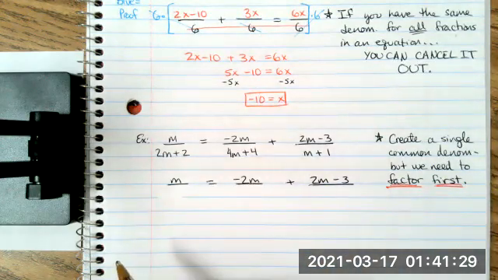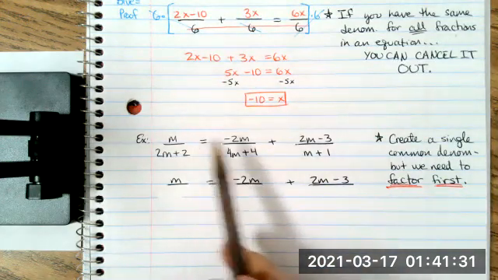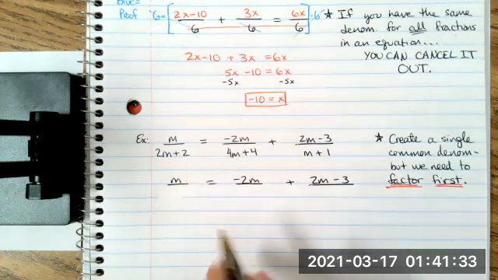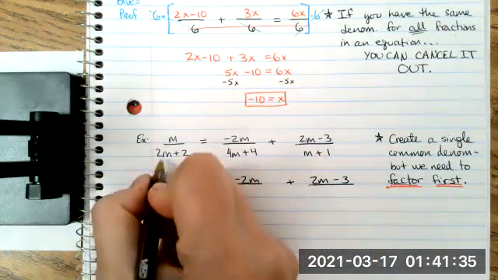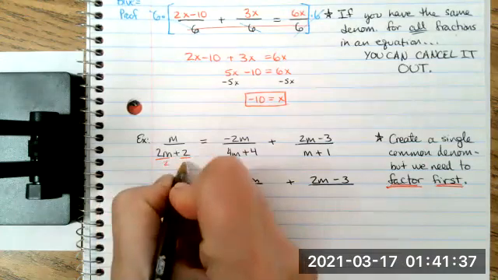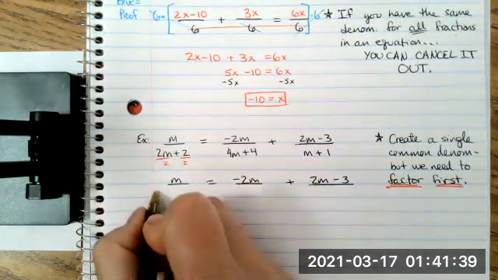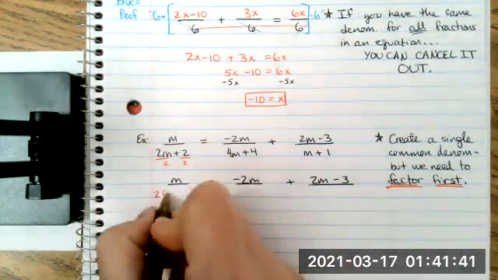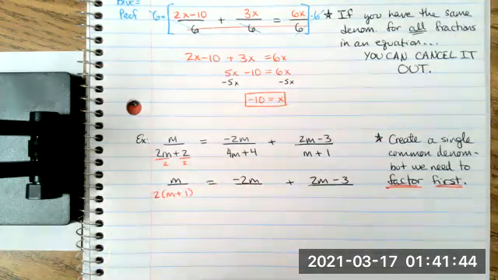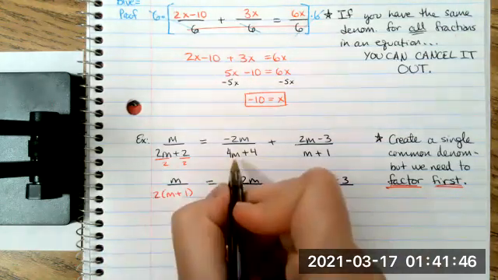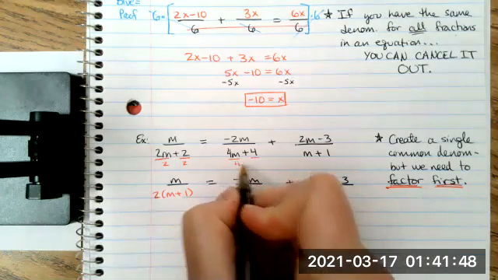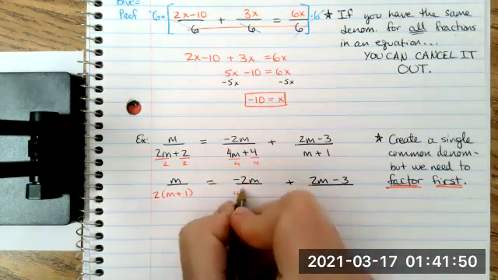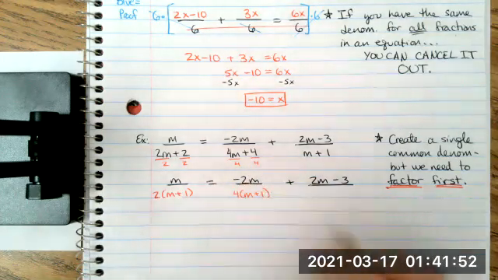I didn't bother factoring the numerators because there's honestly nothing to factor, but the denominators, they seem to have some common factors. For instance, my first denominator has a GCF of 2, leaving behind m plus 1. My second denominator has a GCF of 4, leaving behind m plus 1.